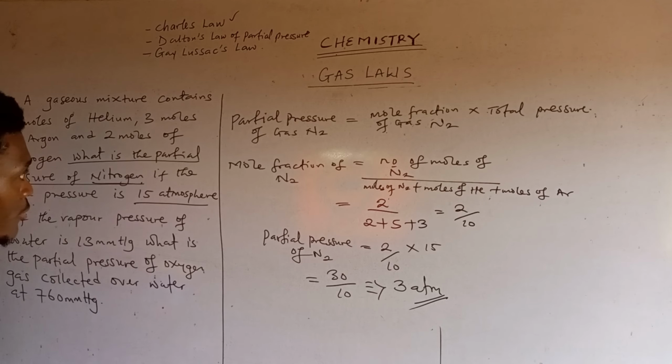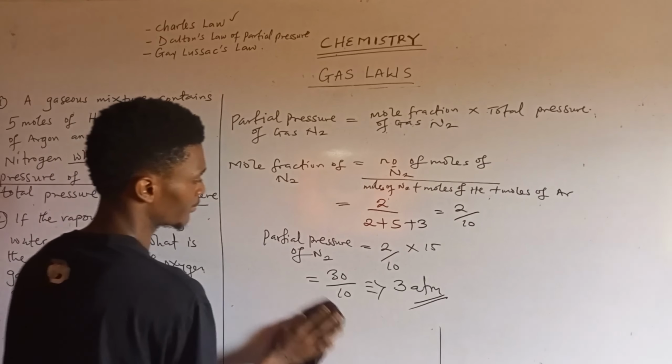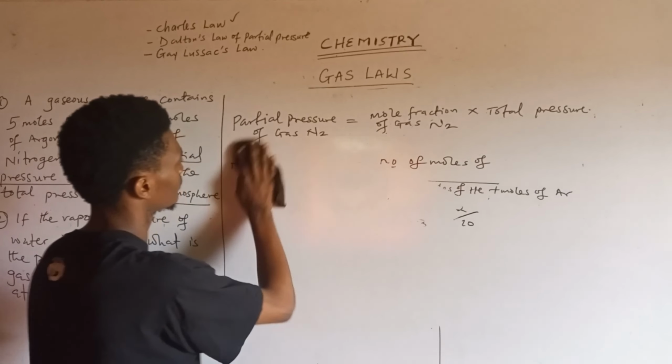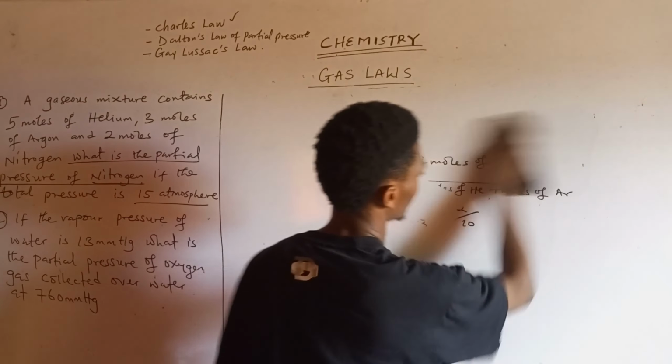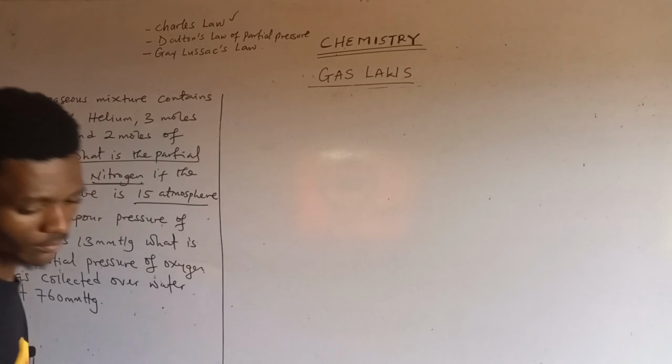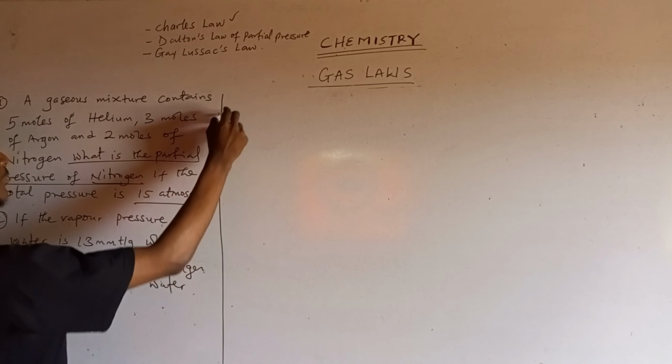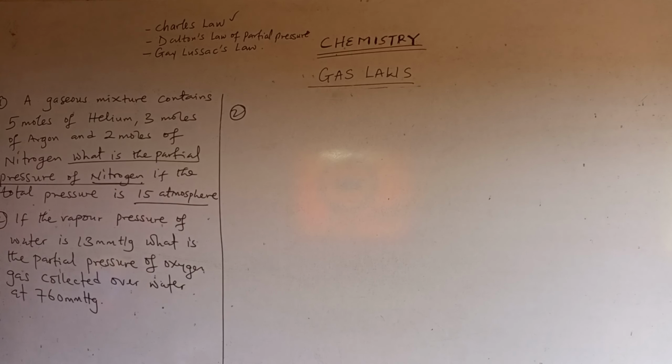So let's look at question 2. Now looking at the second question: if the vapor pressure of water is 13 millimeters mercury, what is the partial pressure of oxygen gas collected over water at 760 millimeters mercury?